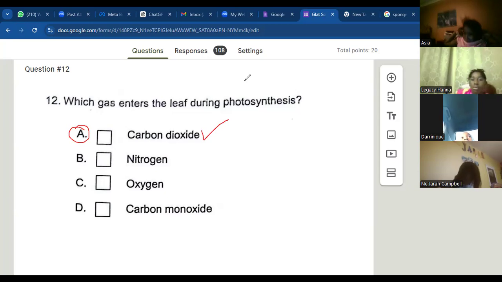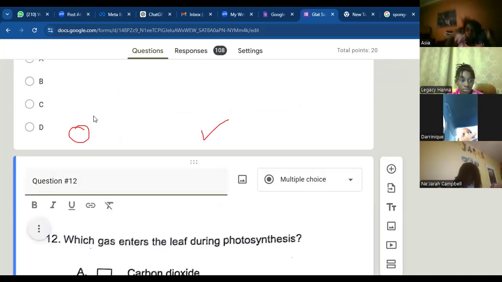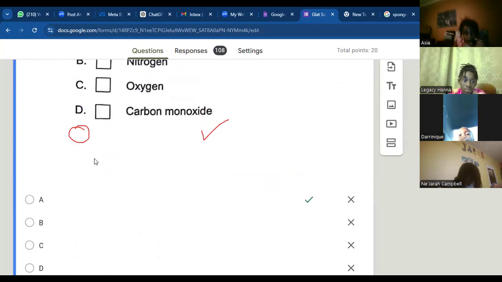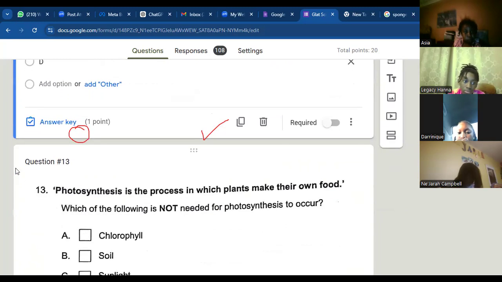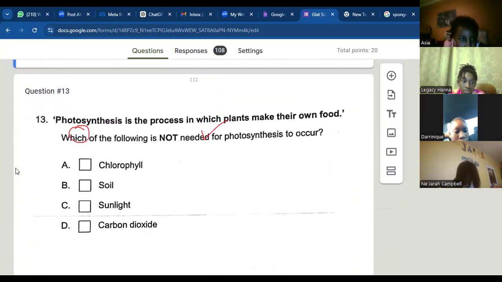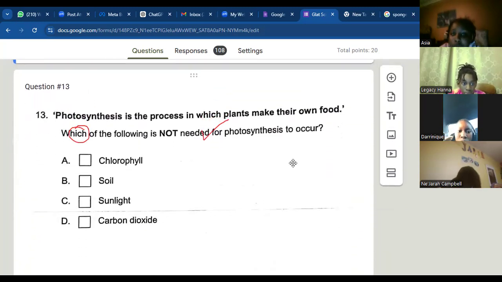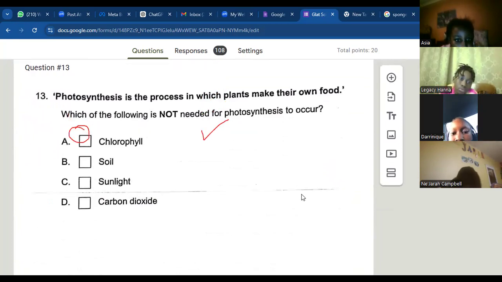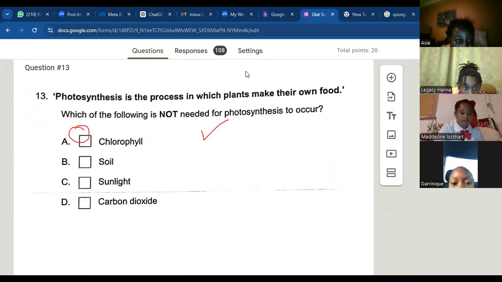Good. Let's move on to number 13. Go ahead, Madeline. Photosynthesis is the process in which plants make their own food.